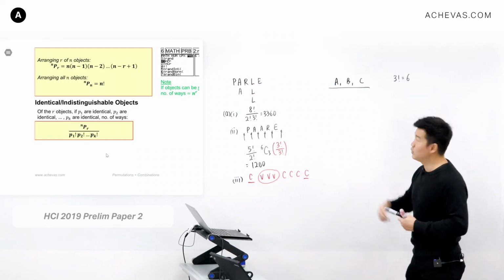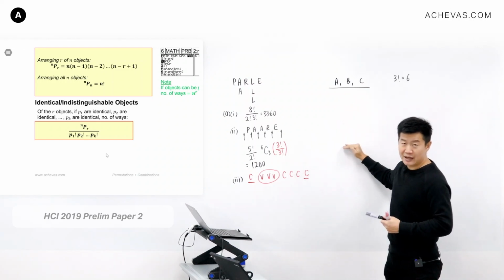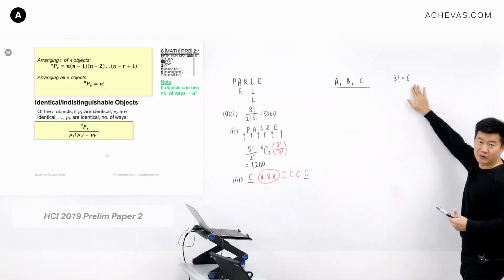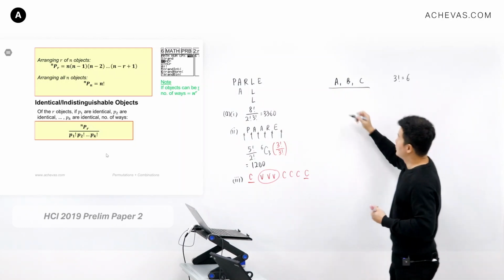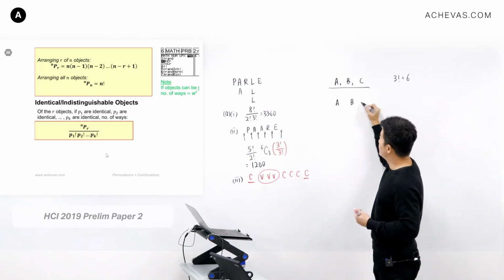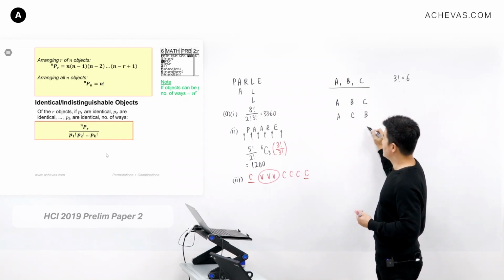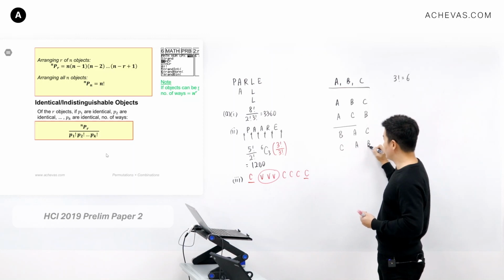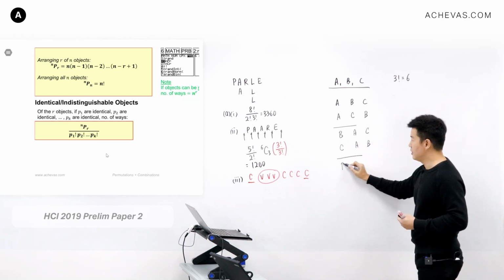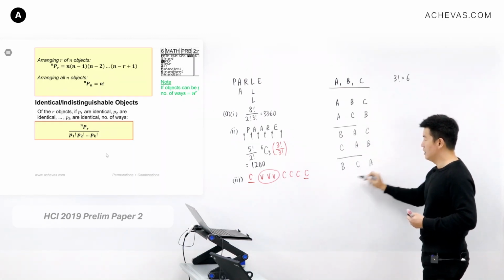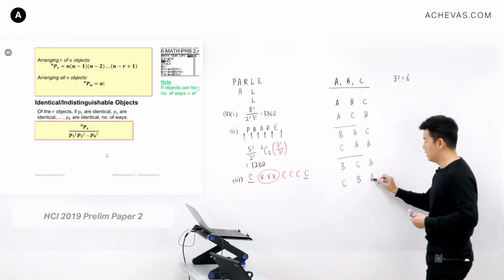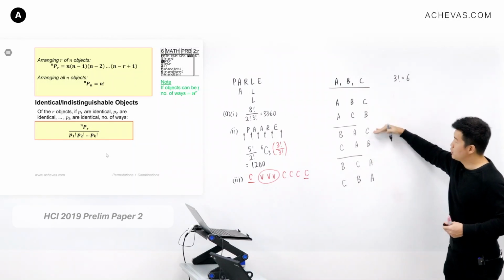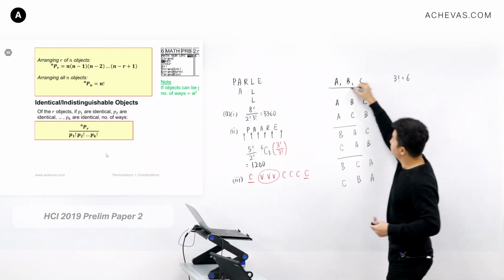So let me list down A, B, C manually, and let's see whether we will get 6 different ways of arranging them. They will be A, B, C. It can be A, C, B. It can be B, A, C. It can be C, A, B. It can also be B, C, A, and C, B, A. So we have 1, 2, 3, 4, 5, 6.